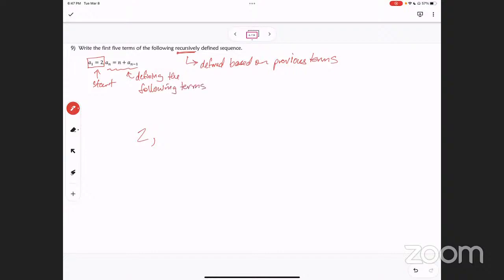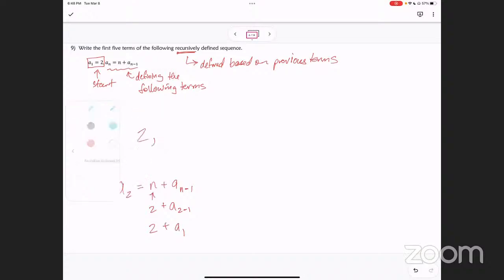So I know that the first one is 2. If I went to the second one, would I just plug in 2 for n? So it'd just be 2 plus 2, right? So a sub 2 would equal n plus a sub n minus 1, which means 2 plus a sub 1, which is the previous term, right?